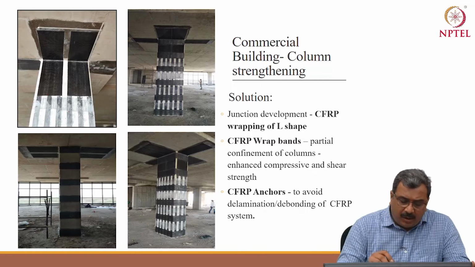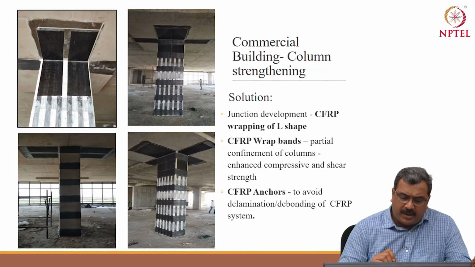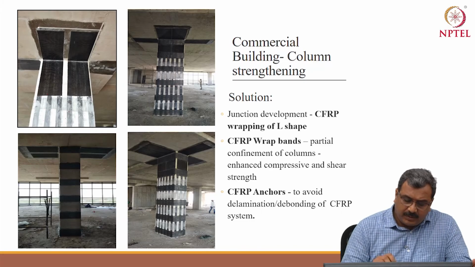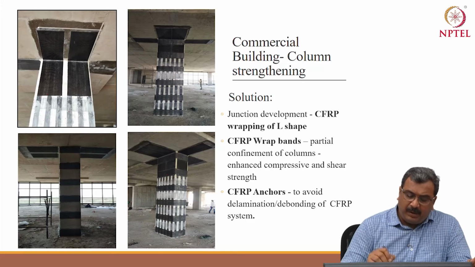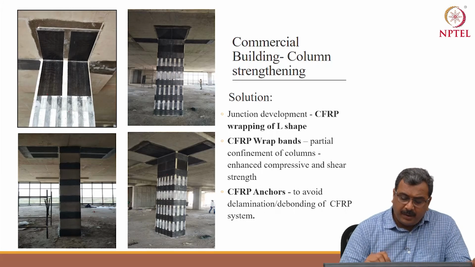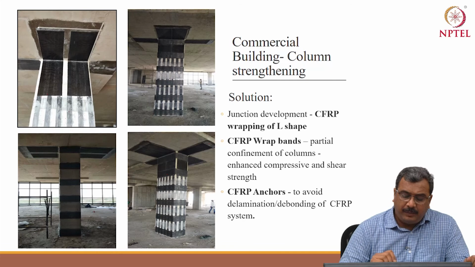This is how a completed CFRP column looks like. It has laminates, bands, anchors before the laminate, anchors on the band, and an L junction developed equivalent to the laminate carbon area and anchored properly.